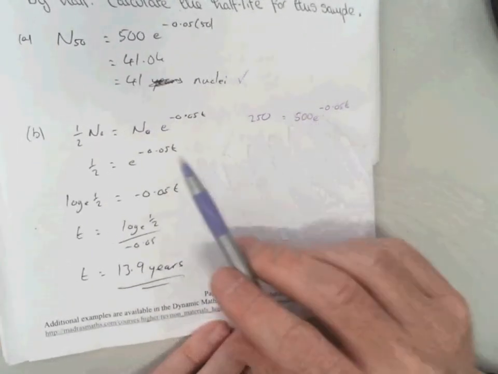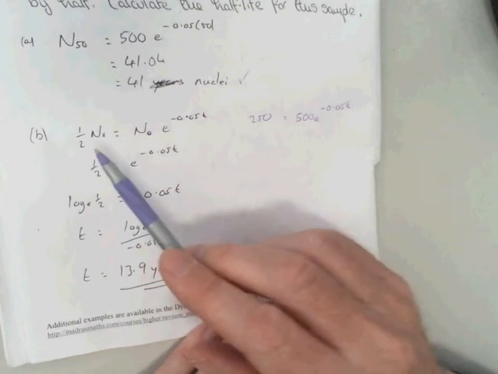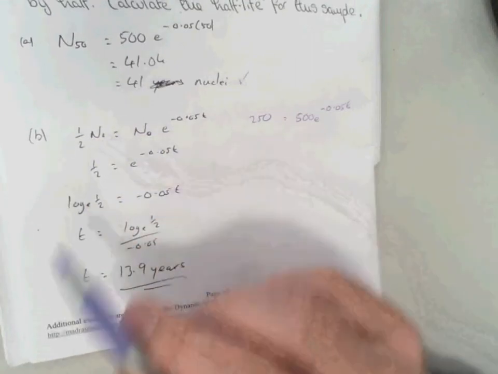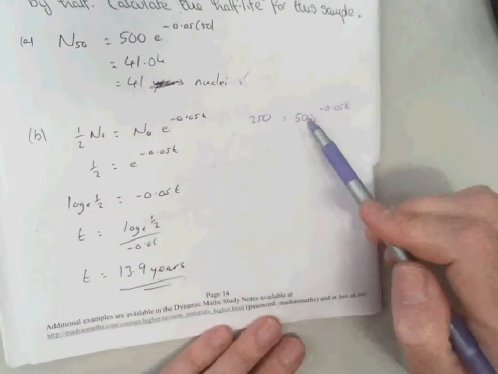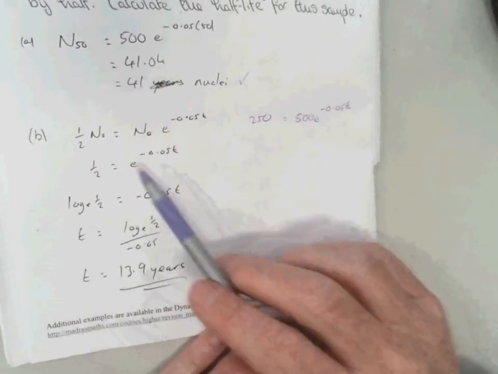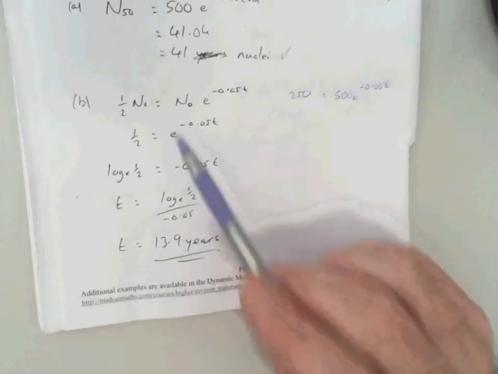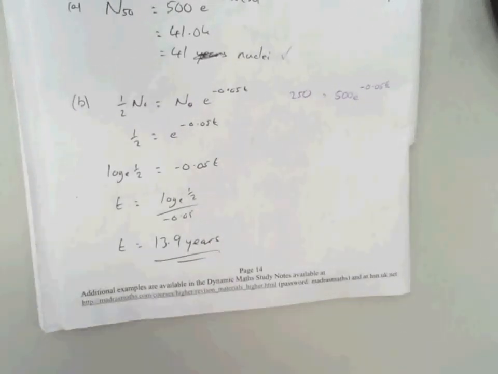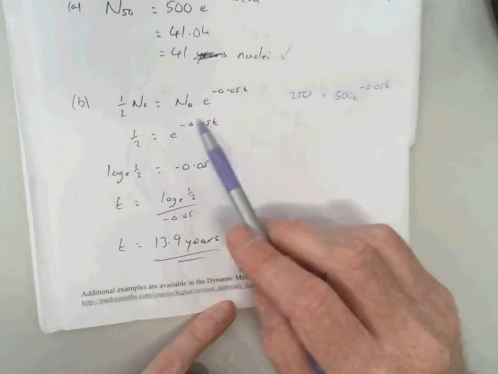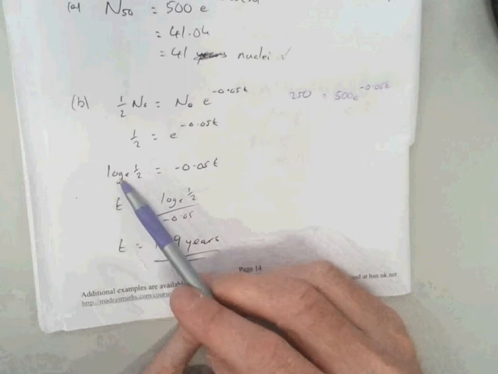Next step, I want to make e to the negative 0.05t the subject of the formula, so I'm going to divide both sides by N0, so they'll cancel. Here, 250 divided by 500 is 1/2. Either way, we're going to end up with this next. I've got e to the power of something, so I'm going to take log to the base e, or rearrange from exponential format into logarithmic format.